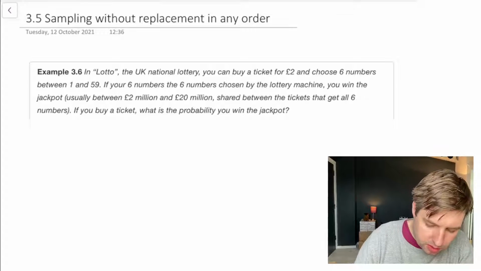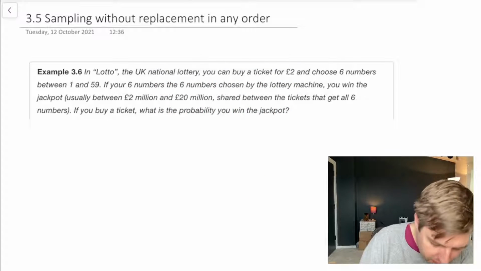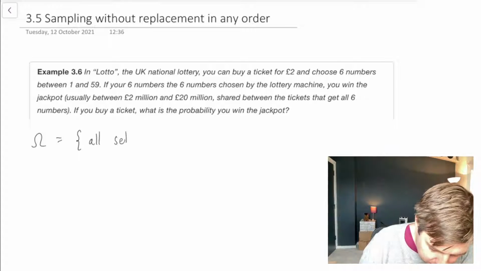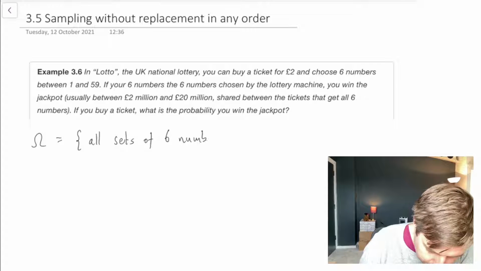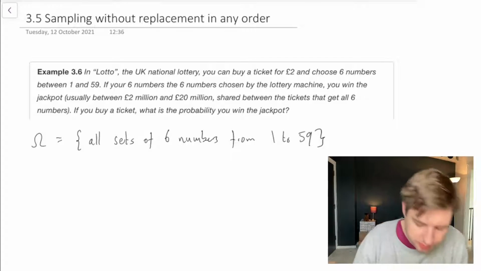So here we see that the sample space, omega, is the set of all sets of 6 numbers from 1 to 59, because those are the things that could come out of the machine and could be the winning ticket.